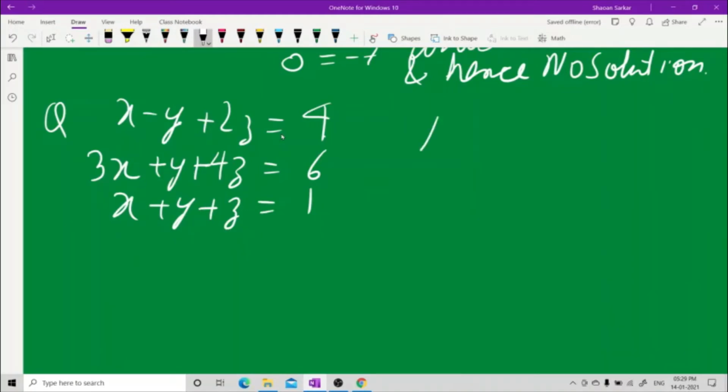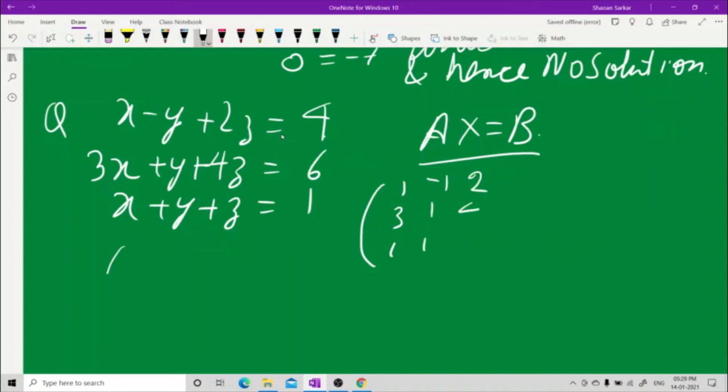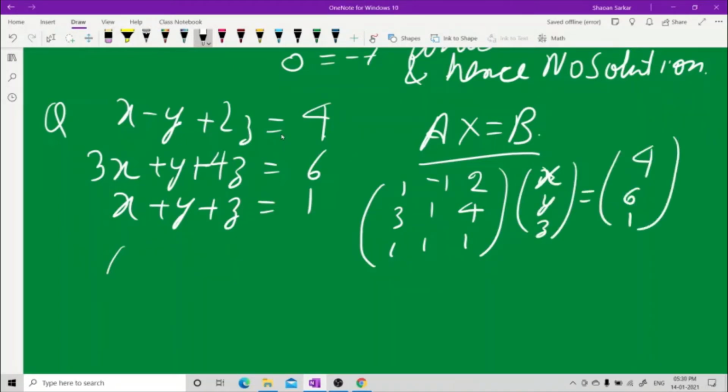So then I'll have to write it in the form of AX equal to B. Now see one thing. This becomes 1 minus 1 2, 3 1 4, 1 1 1, and you have your x y z, and then you have your 4 6 1. Then you take the row operations. R2 is R2 minus 3R1, and then you take R3 is R3 minus R1.